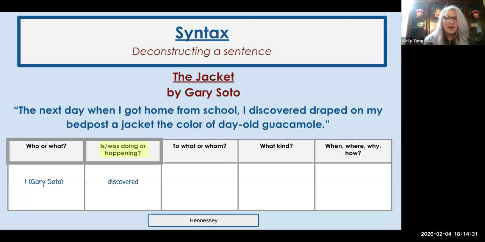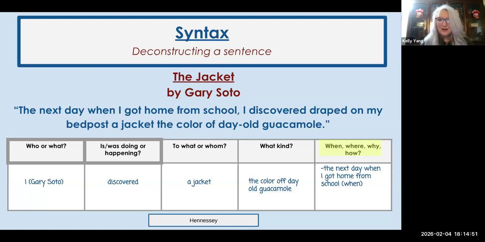And you have to understand that the next day when I got home from school is not the subject and predicate, but discovered is. He discovered. So then what did he discover? A jacket. What kind of a jacket? The color. And then you can talk about what guacamole is and what color it is.